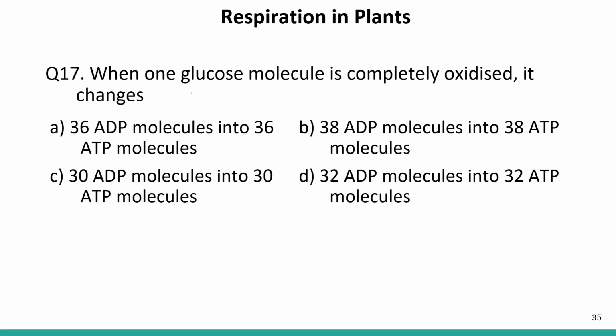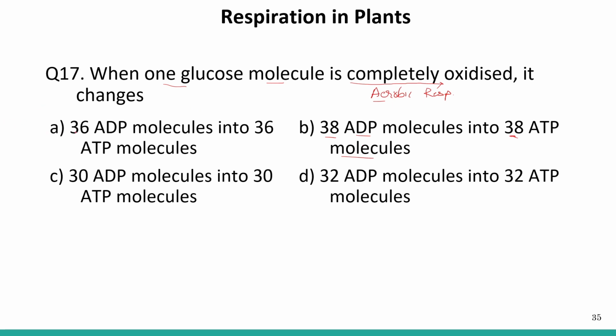The next question is, when one glucose molecule is completely oxidized. Again they are talking about aerobic respiration, meaning glycolysis, oxidative decarboxylation and the Krebs cycle. We have already seen that 38 ADP molecules will form 38 ATP molecules.